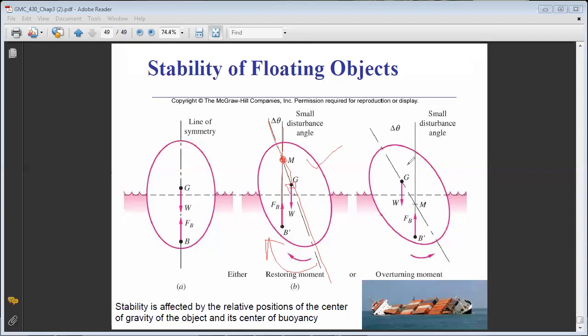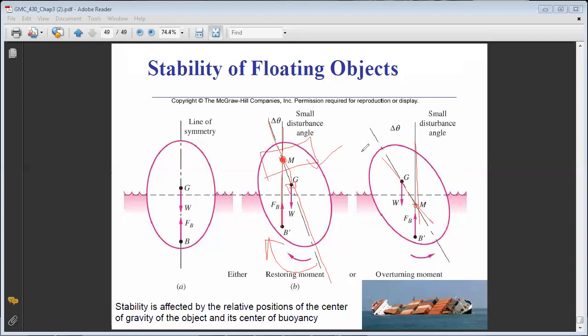While if their intersection is below G, then you have a problem. This is why when we design the shape, whatever the position, this intersection point should always be above G. So this is how we design the shape of our boats.